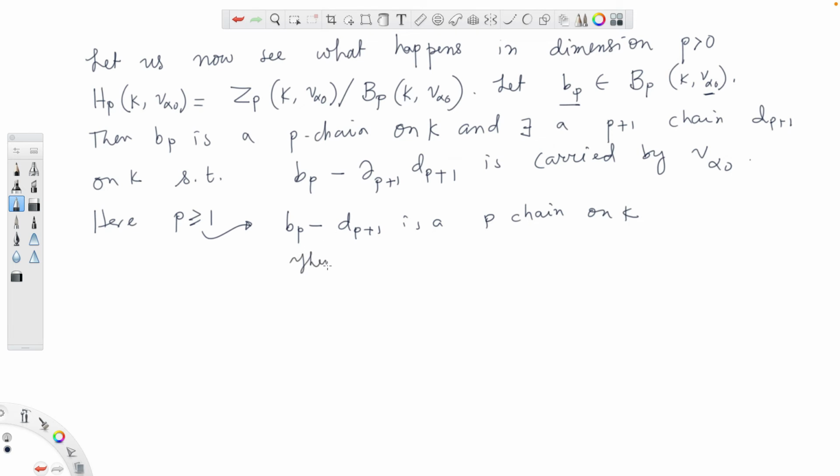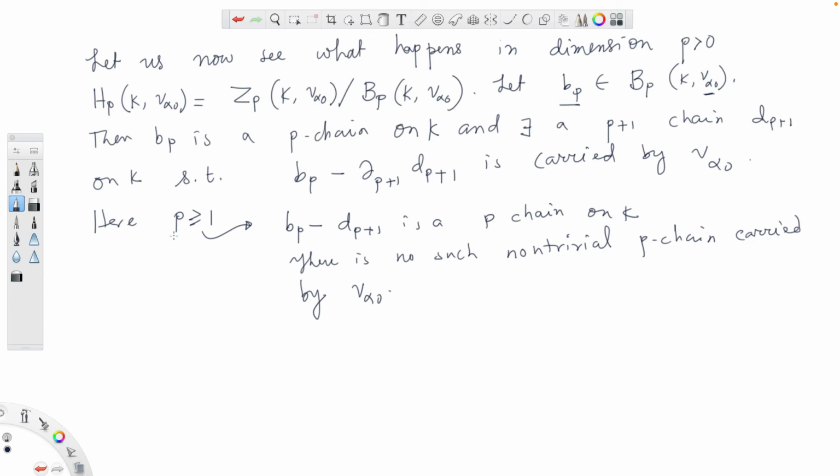Now there is no non-trivial p chain carried by V alpha 0, since p is greater than or equal to 1 and V alpha 0 is a zero dimensional vertex.